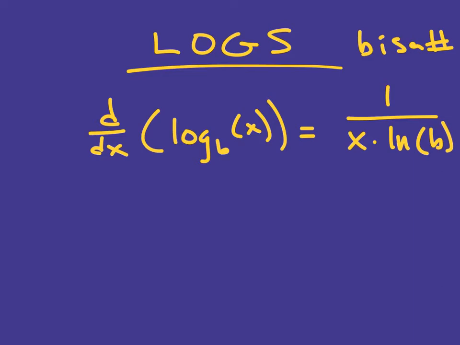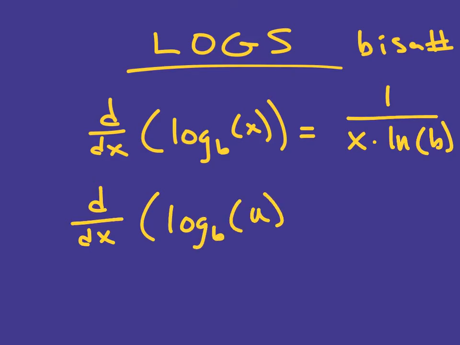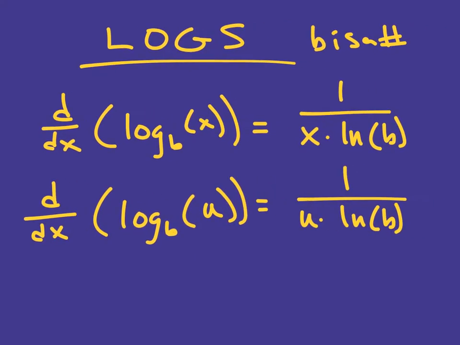Now if I do d dx of, say, log base b of some function u, then my derivative is going to be 1 over u times the natural log of b, and then we're going to multiply that by u prime. And so we can simplify that and write that as u prime over u times the natural log of b.